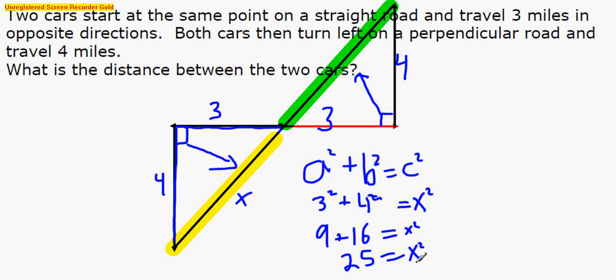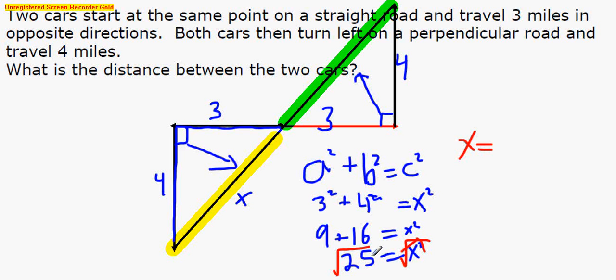Okay, and so remember this x squared, you don't divide by 2 over here. What we're going to do is we're going to take the square root of 25. So the square root of both sides, because that's going to undo the square. So the square root and the square cancel out, and we get x equals the square root of 25.